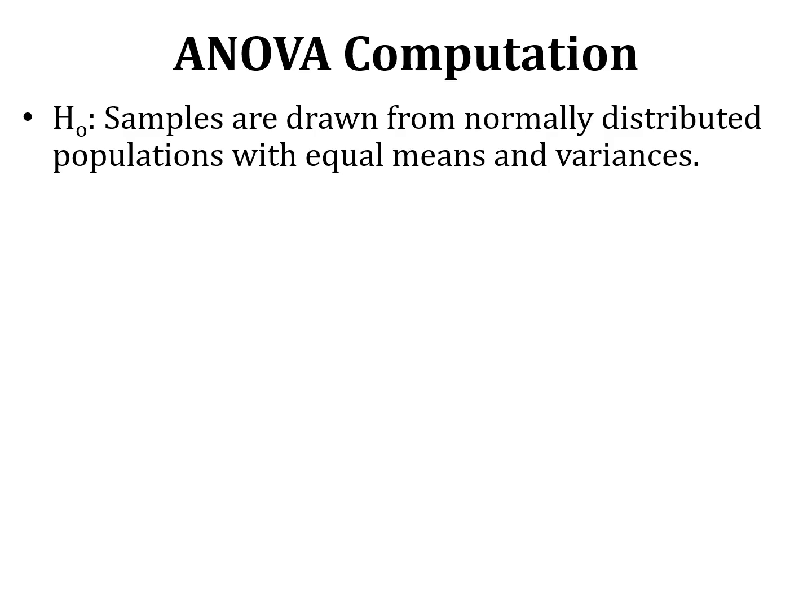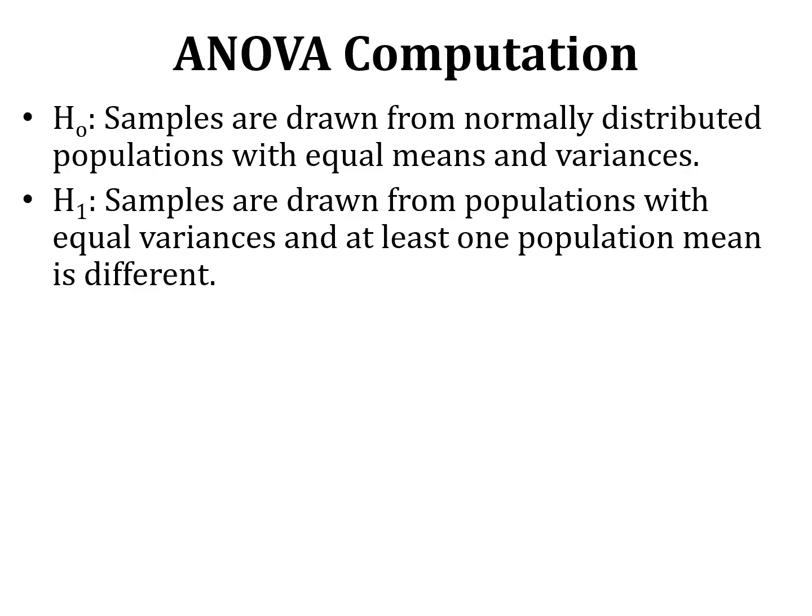Now the hypotheses. For the ANOVA computation, the general null hypothesis is that samples are taken from normally distributed populations with equal means and variances. The general alternate hypothesis is that samples are drawn from populations with equal variances and at least one population mean is different.